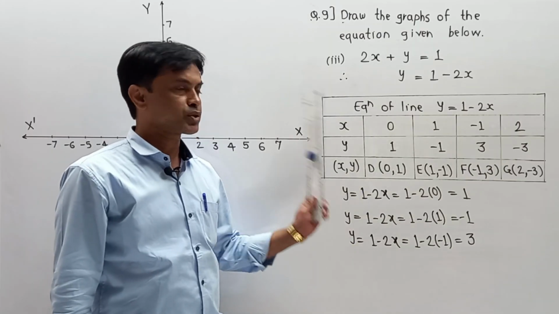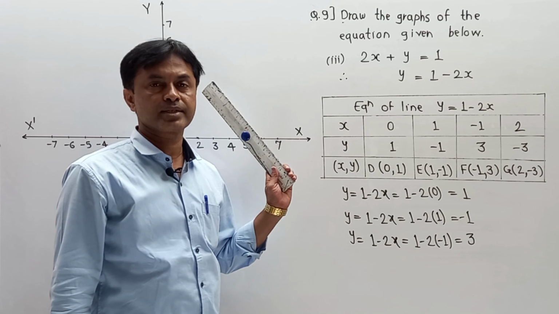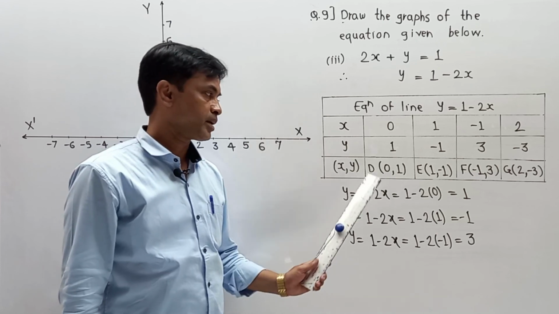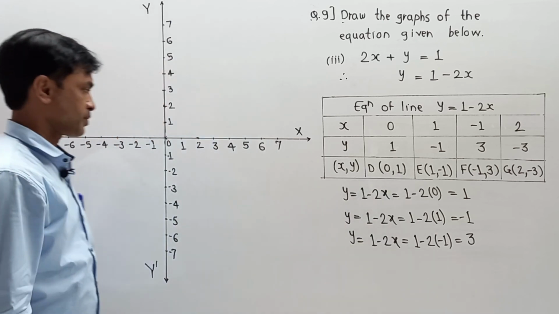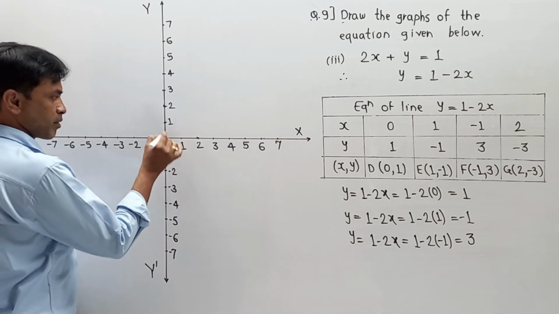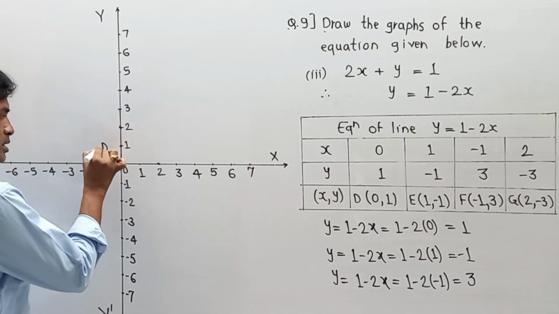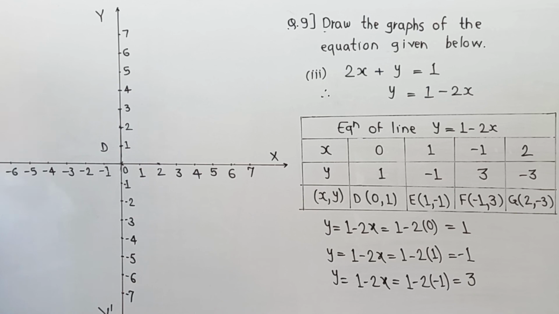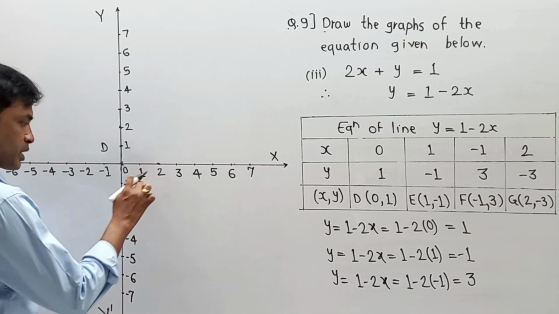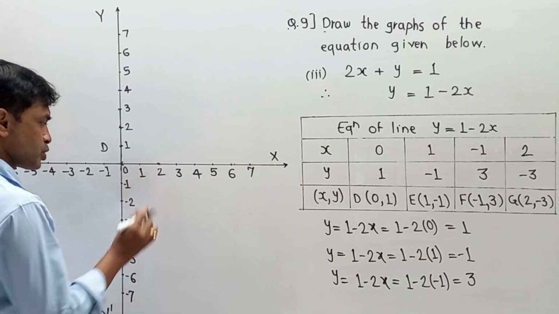I am going to put all these coordinates on the xy axis so that I can draw the line. So first D, 0, 1. So x is 0 and y is plus 1. Naturally it is a point on the y axis. E, 1, minus 1. So x is 1 and y is minus 1. So this point is over here.